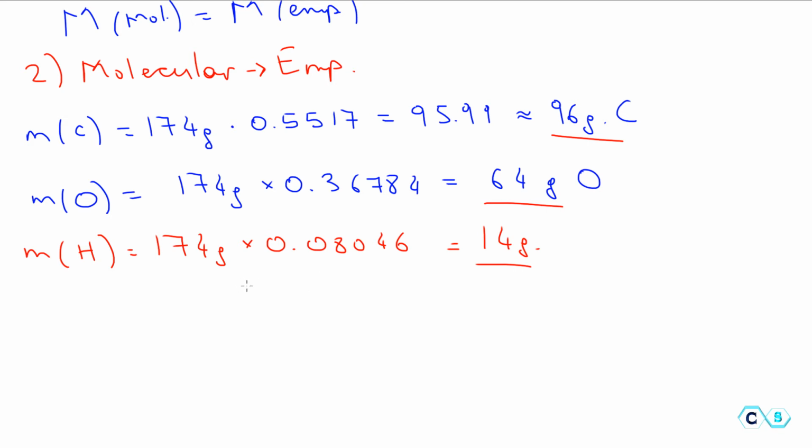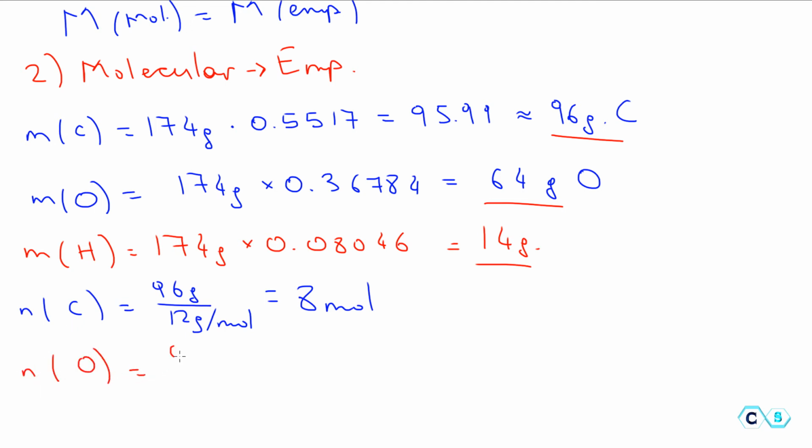Now, in order to find the molecular formula, we need to convert these to moles, right? So find the moles of each. Moles of the carbon will be equal to 96 grams over 12 grams per mole, and we get 8 moles of carbon. Second, moles of the oxygen will be equal to 64 grams over 16 grams per mole.